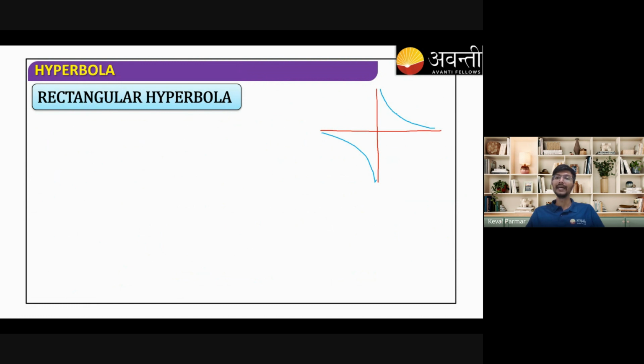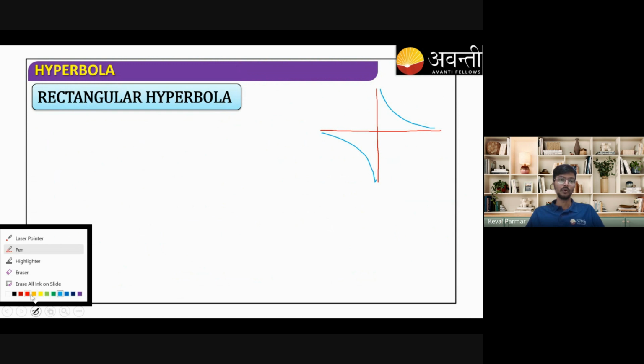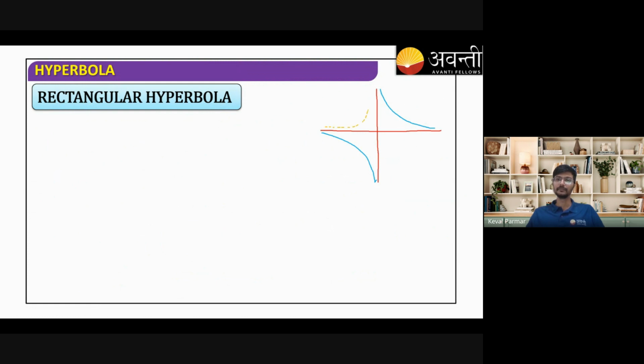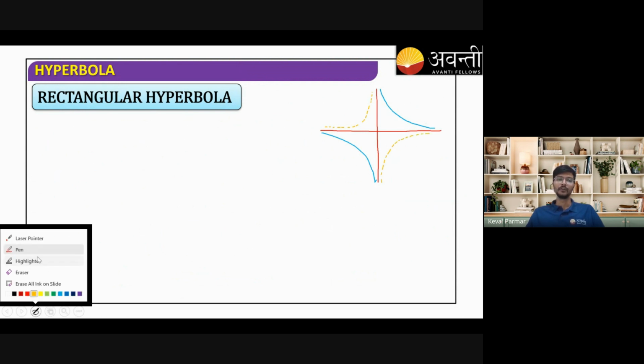So these blue lines are the rectangular hyperbola. Either it will look like this or it will be like this, the orange one, right? Let me erase.